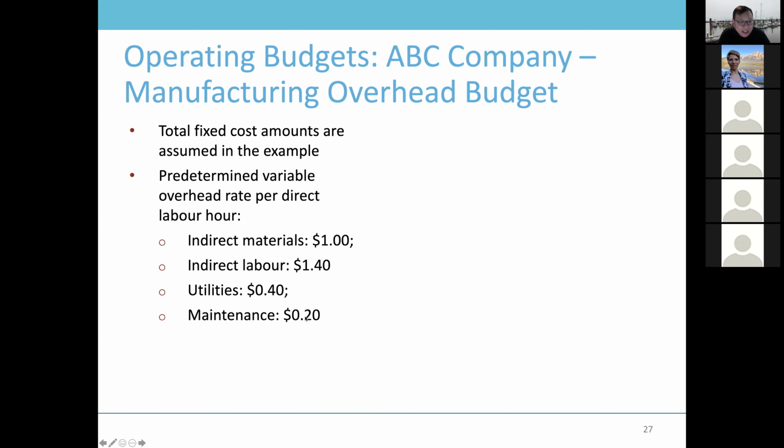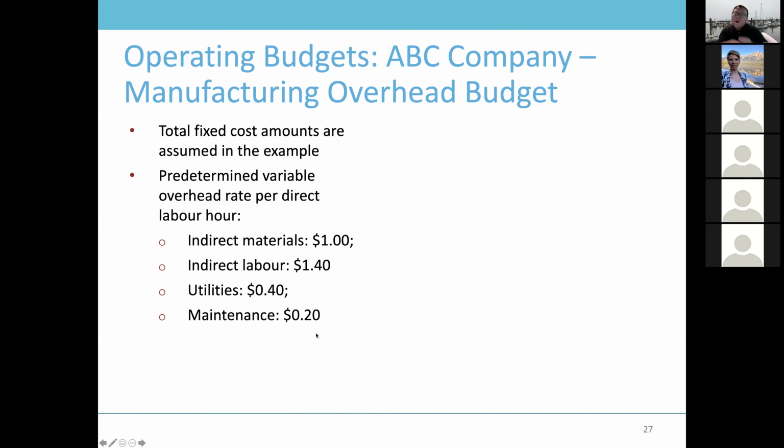Now the predetermined variable overhead rate per direct labor hour. So this is the variable overhead rate. We are saying for every direct labor hour incurred, the indirect materials cost is $1, the indirect labor cost is $1.40, the utility cost is 40 cents, and the maintenance is 20 cents.